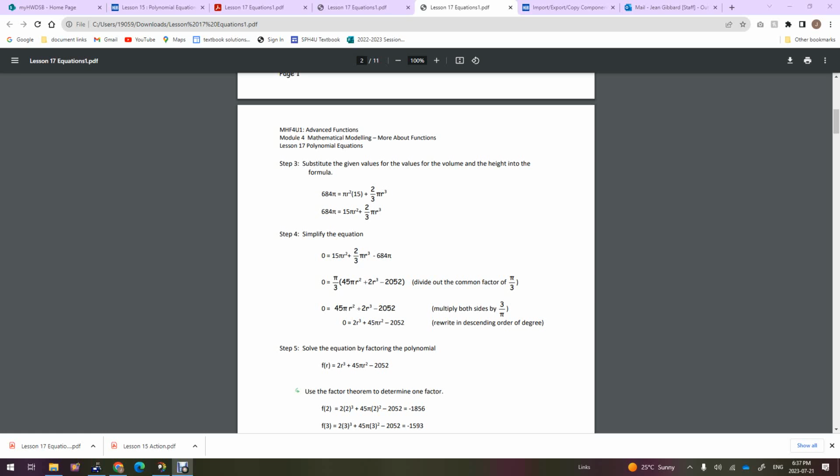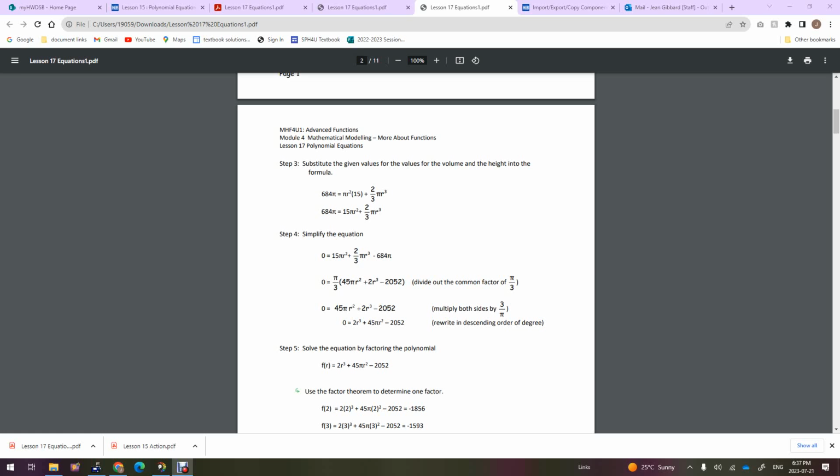So to do that, we are going to set our equation to 0 by moving all our variables to the right. And then we get 15 pi r squared plus 2/3 pi r cubed minus 684 pi.